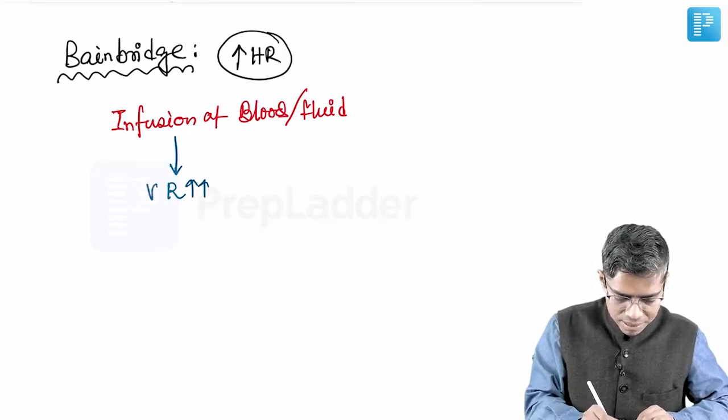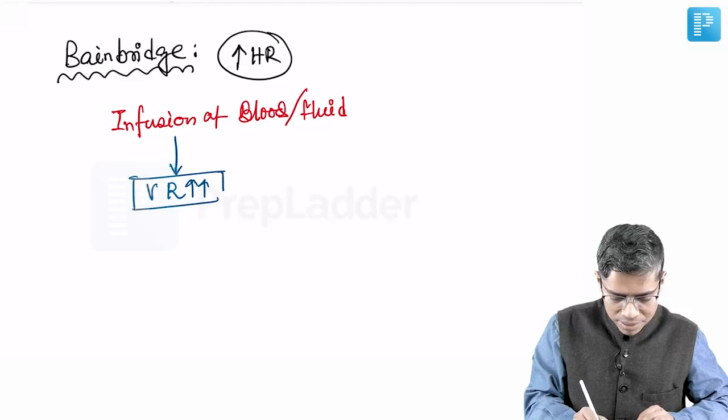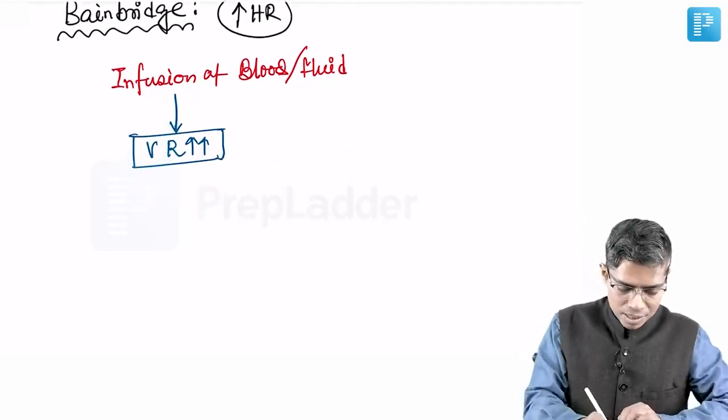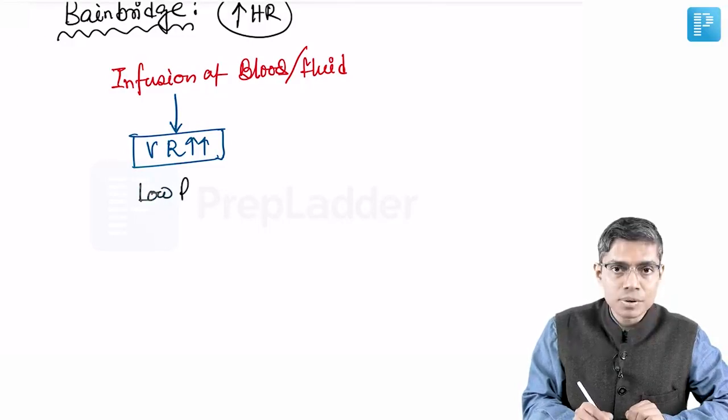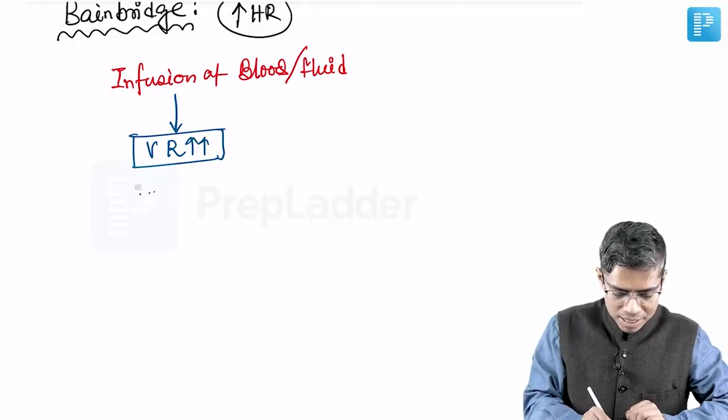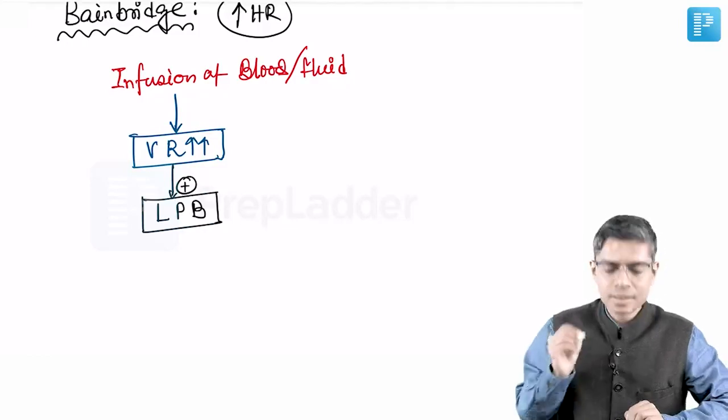That is the first thing. Now, whenever the venous return increases, as we have just discussed, the low pressure baroreceptor will be activated. So I'm writing here: increased venous return means it is going to activate the low pressure baroreceptor.